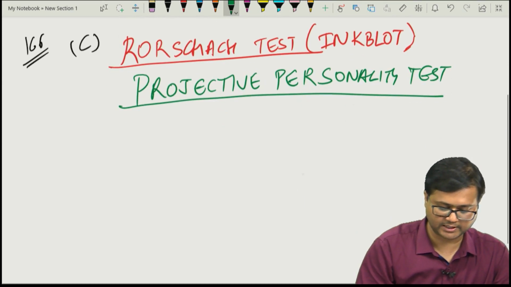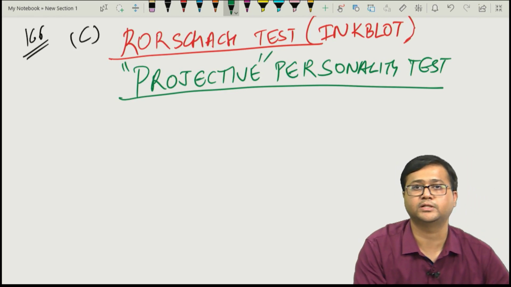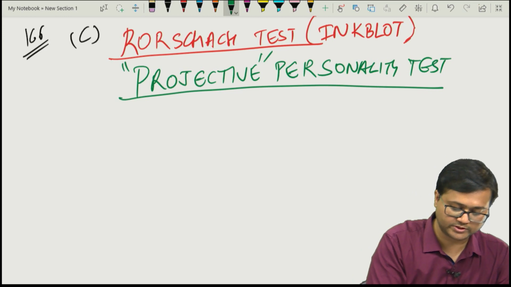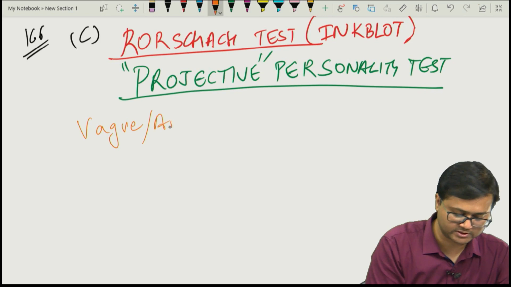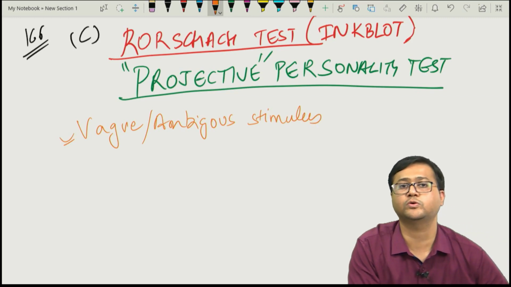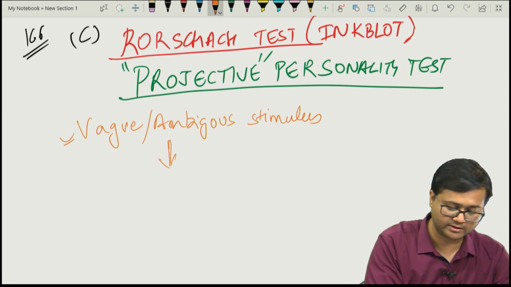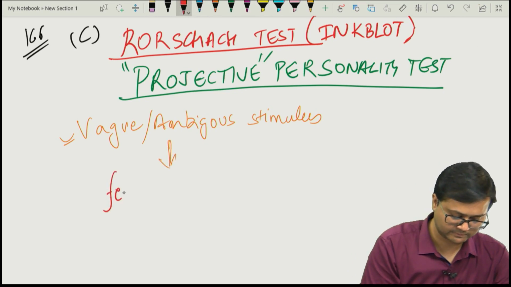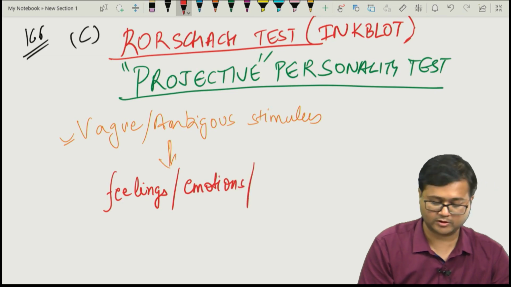The projective personality tests are basically based on the principle that the way a person responds to a vague or an ambiguous stimulus generally reflects his hidden feelings, emotions, or any hidden inner conflicts.